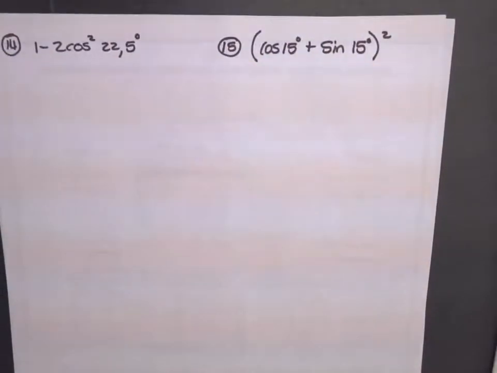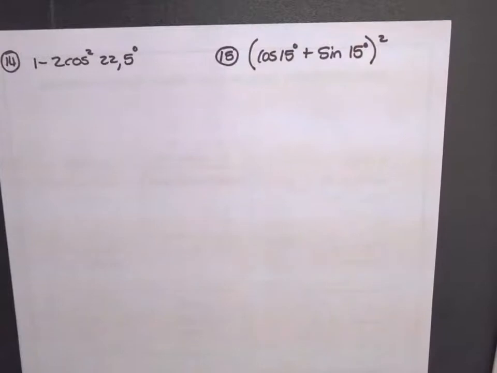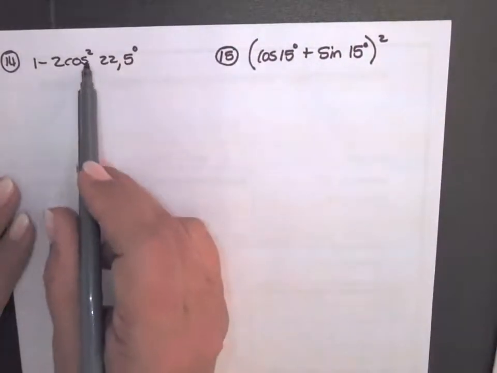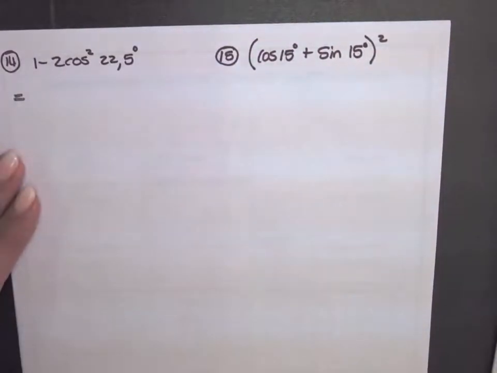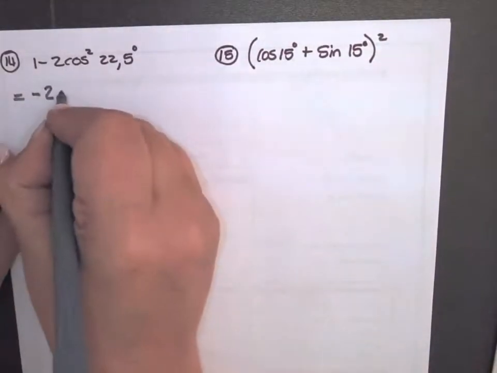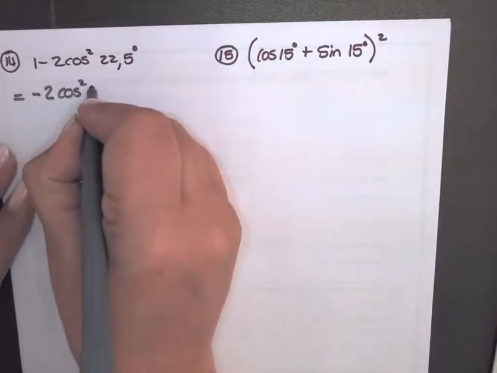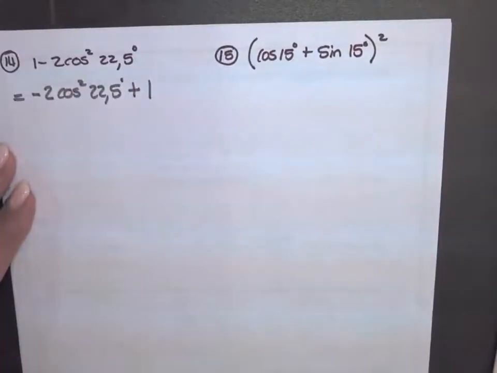Number 14. One minus 2 cos squared is definitely cos, but it's the wrong way around. So let's write it cos first. So it's minus 2 cos squared 22.5 degrees plus 1.